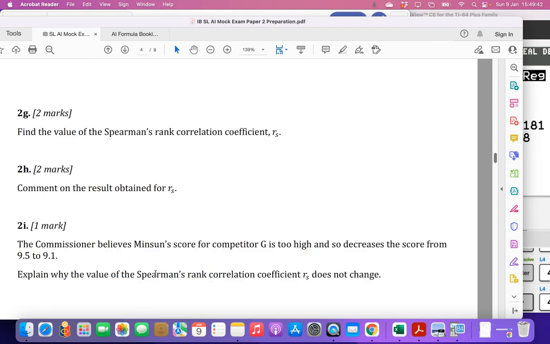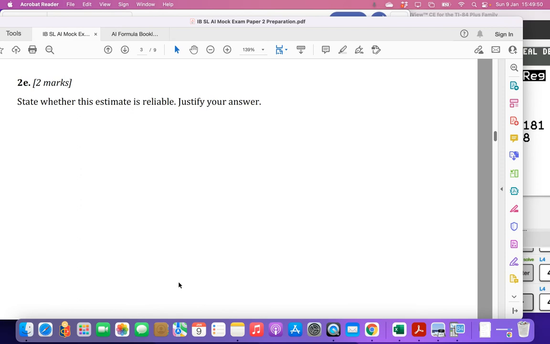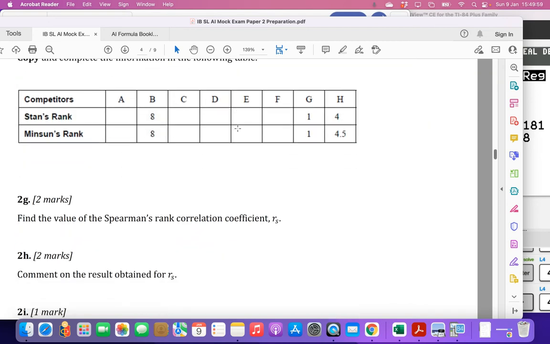The commissioner believes Min Sung's score is too high, and so decreases his score for the top rank. It's exaggerated, knocks him down to 9.1. Well, how is that going to change Spearman? Does it change this rank right here?